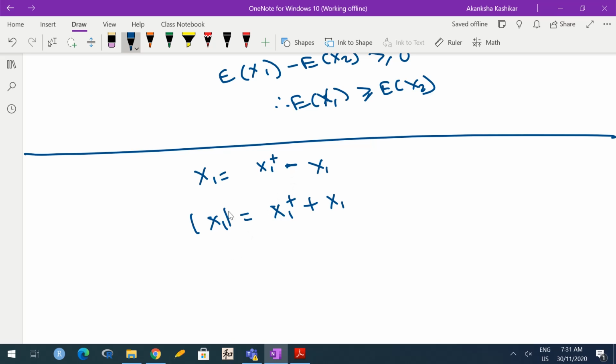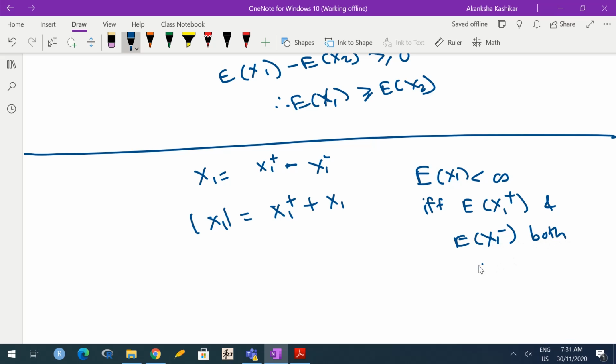So if x1 is integrable, then x1 plus and x1 minus are also integrable, because x1 integrable means expected x1 is finite. Expected x1 is finite if and only if expected x1 plus and expected x1 minus both are finite, and if those two are finite, then their sum is also finite. So expectation of mod x1 is also finite. Is it okay? Same thing we can do in the reverse way. If expectation of mod x1 is finite, then both these expectations are finite, and hence expectation of x1 is finite.